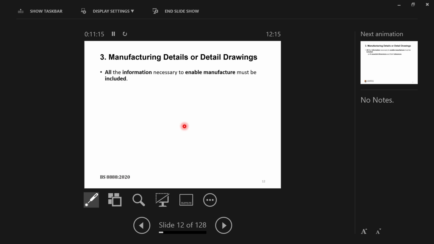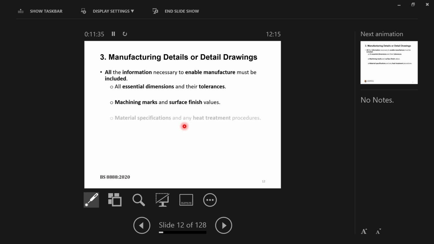In these drawings, all the information necessary to enable manufacture must be included. For example, all the essential dimensions and their tolerances, any machining marks and surface finish requirements, any material specifications, heat treatment procedures, and so on.